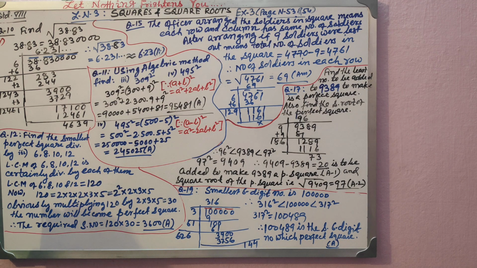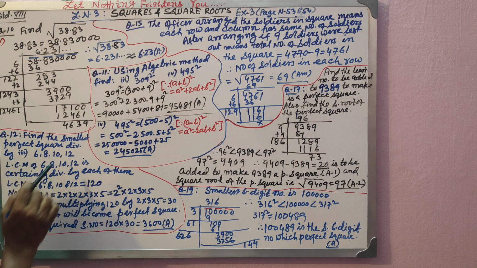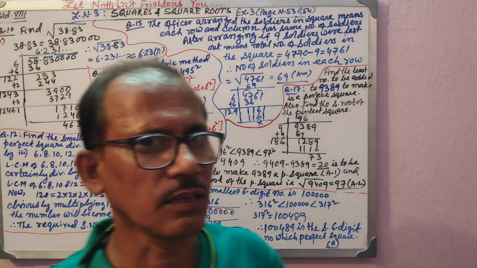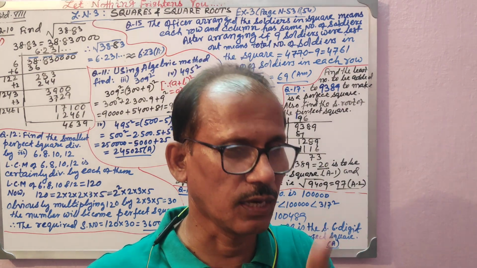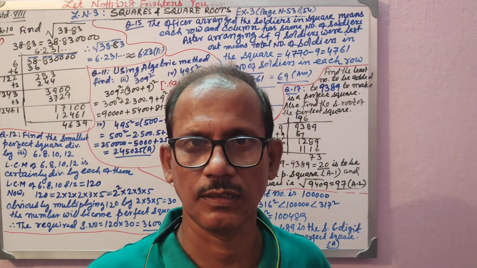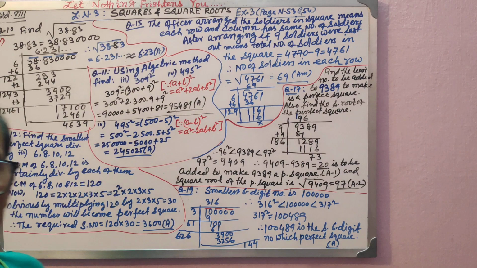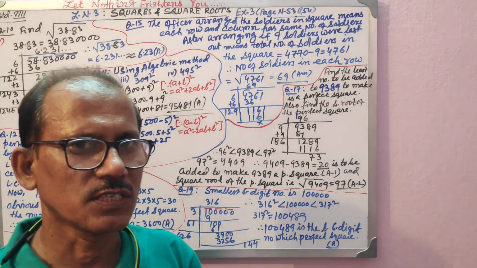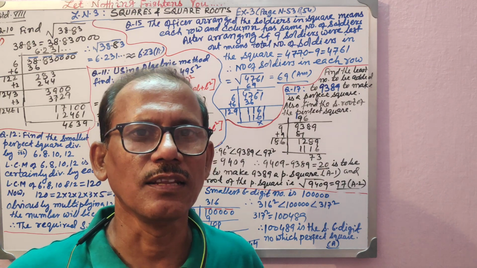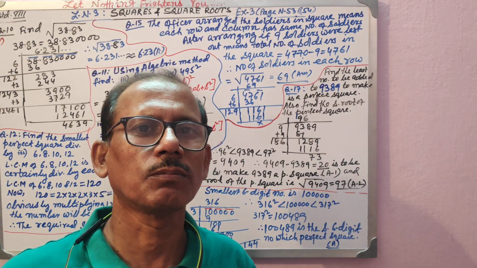Find the smallest perfect square divisible by some numbers given to you. What is the smallest number that will be divisible by all those numbers? You know that it will be the LCM of those numbers. Fine. If you find the LCM, that may not be a perfect square. So find the LCM first, then split that LCM into the product of its prime factors.